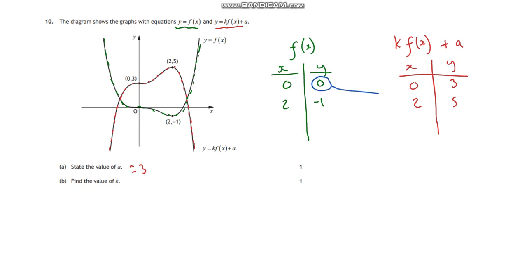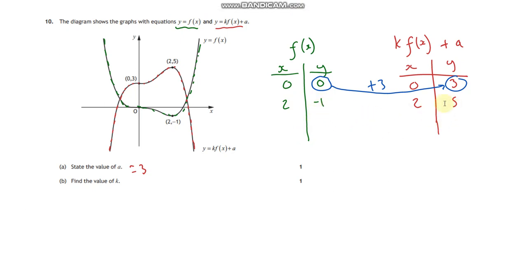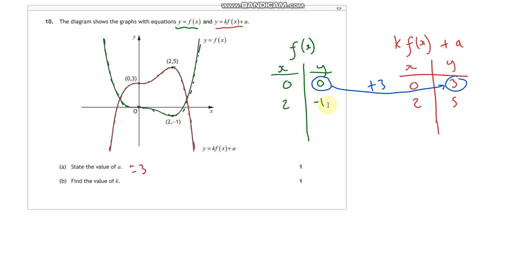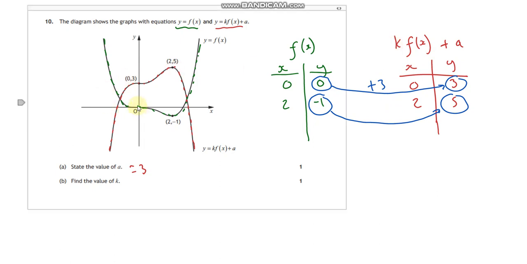That is a plus 3. Makes sense, doesn't it? But then I'll look over here and say, well, wait, I've added 3 to that and it's not quite giving me the right answer, is it? That's a bit sticky. Why am I not arriving at it by adding 3? Well, it's because of that k value, isn't it? The k value is doing something else. Now, the k value wouldn't affect the 0 here, which is why it helps me identify that a.